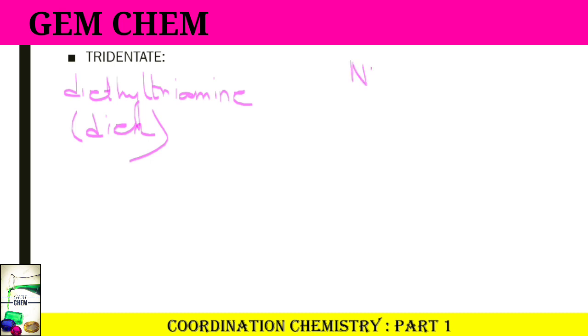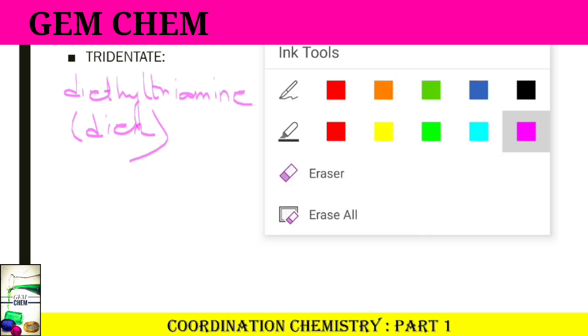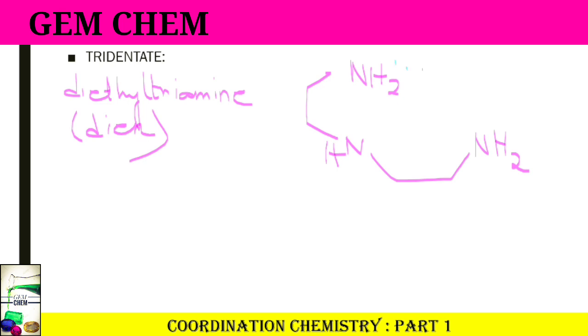This will look like NH2 joined with CH2 CH2 NH, again joined with CH2 CH2 NH2, and the bonding will occur from these 3 nitrogen centers with a particular metal. An example of this one is Co(dien)2 3+.